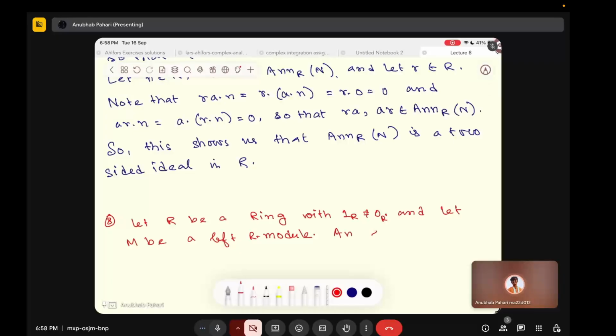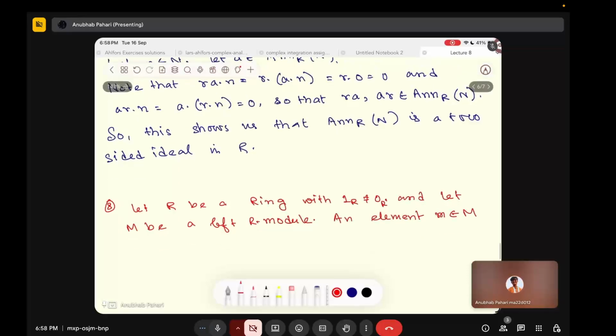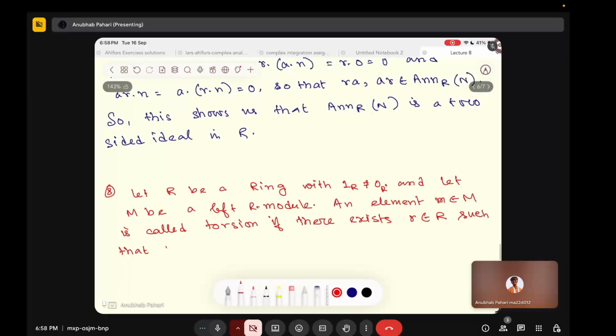An element small m belongs to capital M is called torsion if there exists small r belongs to capital R such that r dot m equals 0.